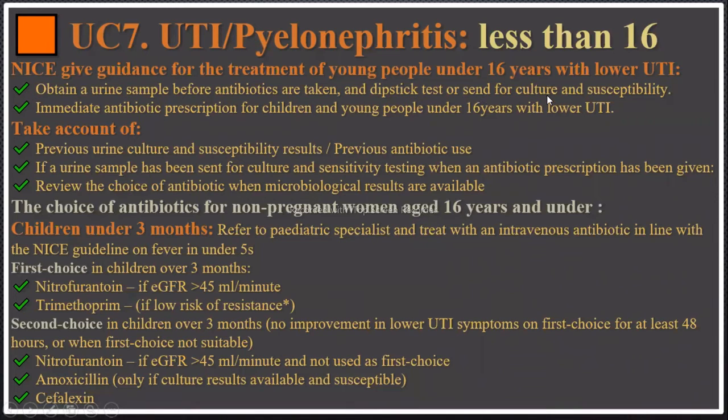You will send for culture and susceptibility. Immediate antibiotic prescription for children and young women under 16 years with lower UTI. Take account, so you will check previous urine culture, susceptibility results, previous antibiotic use also.